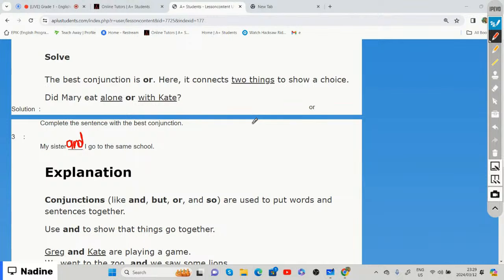So we have our words, we have the conjunctions, which are and, but, or, and we have so, right? And we said we use and to put things together, but to show opposite or difference. We're going to use or to show a choice. It's either this or that. It's yes or no. And we have so.